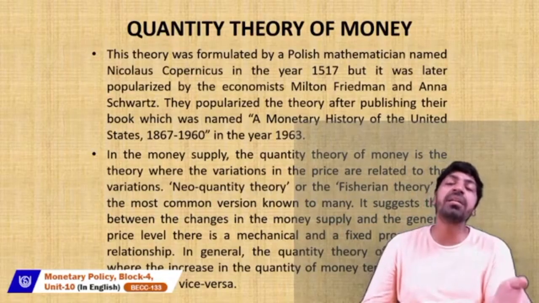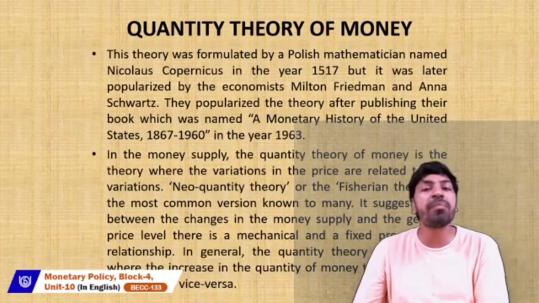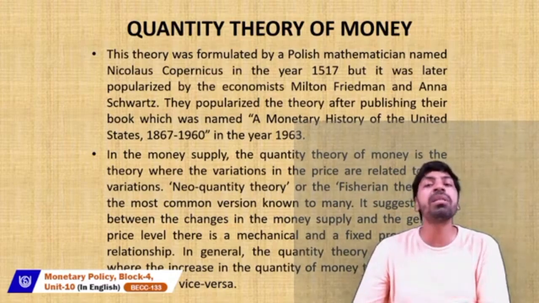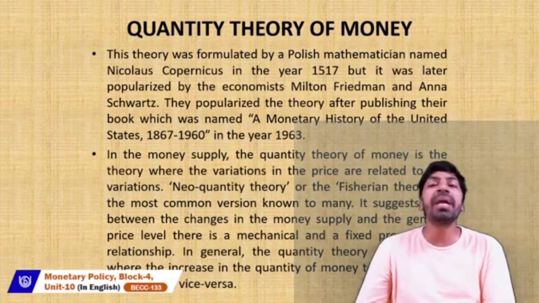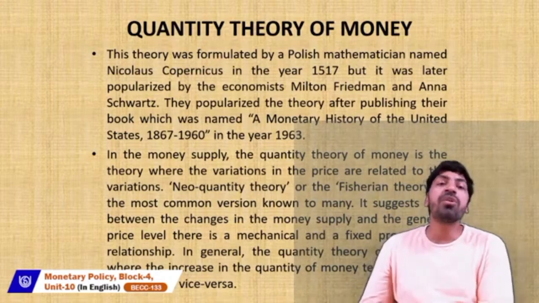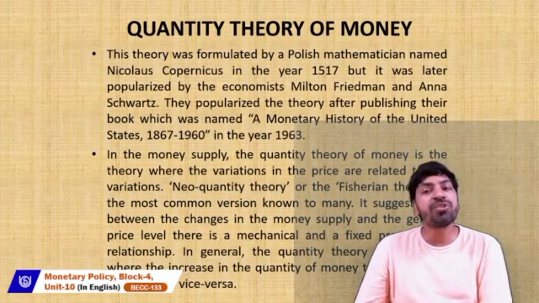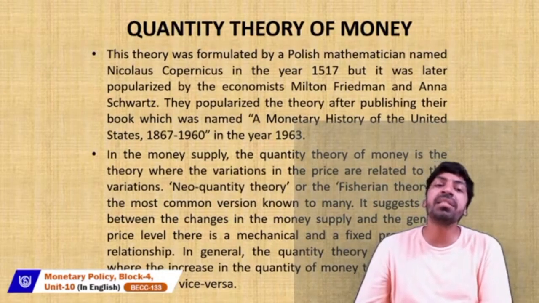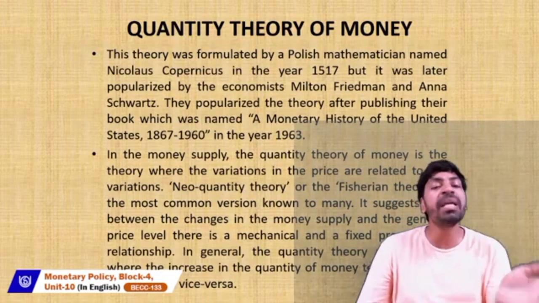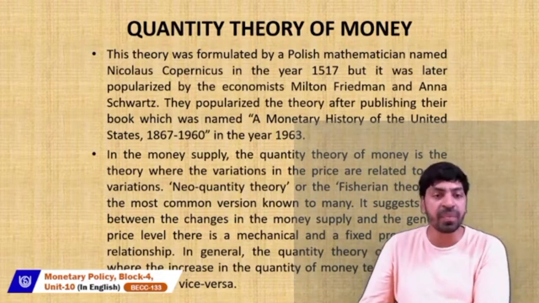But it was later renewed and popularized by the economists Milton Friedman and Anna Schwartz. Such theory became popular through A Monetary History of the United States, covering the period 1867 to 1960, but it became popular exactly in the year 1963.